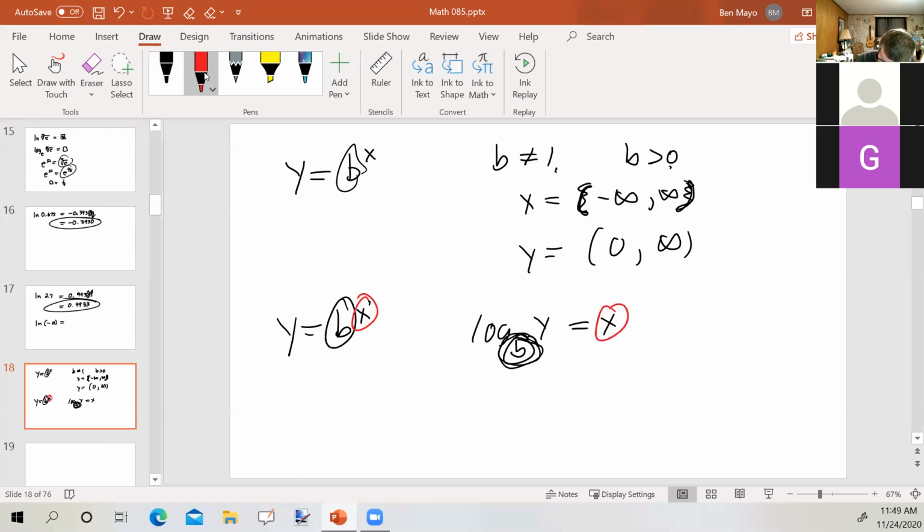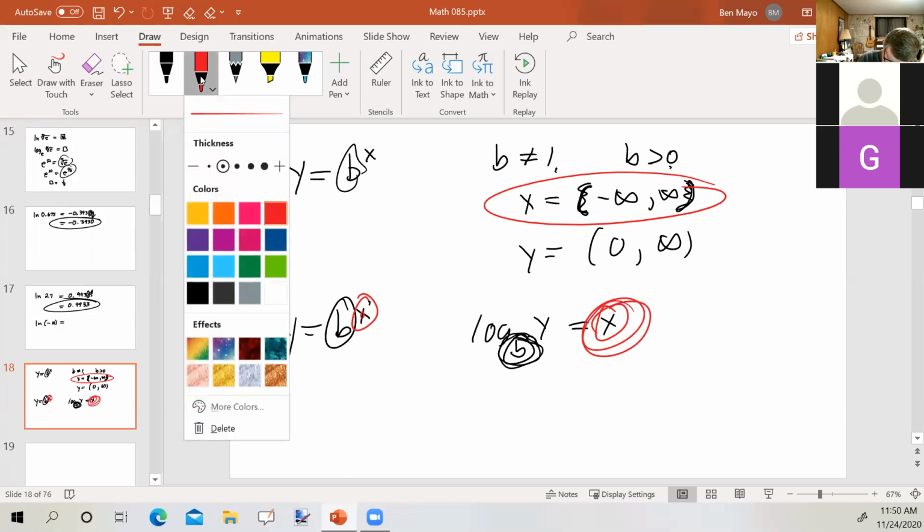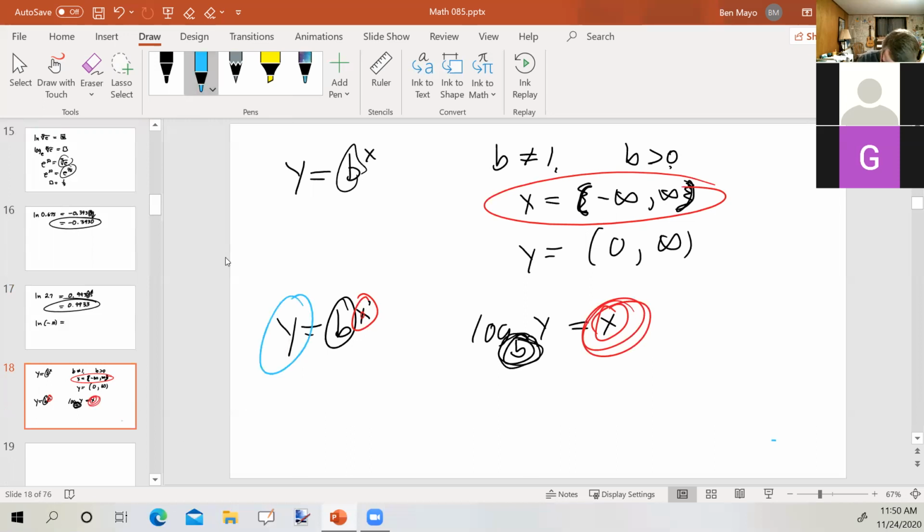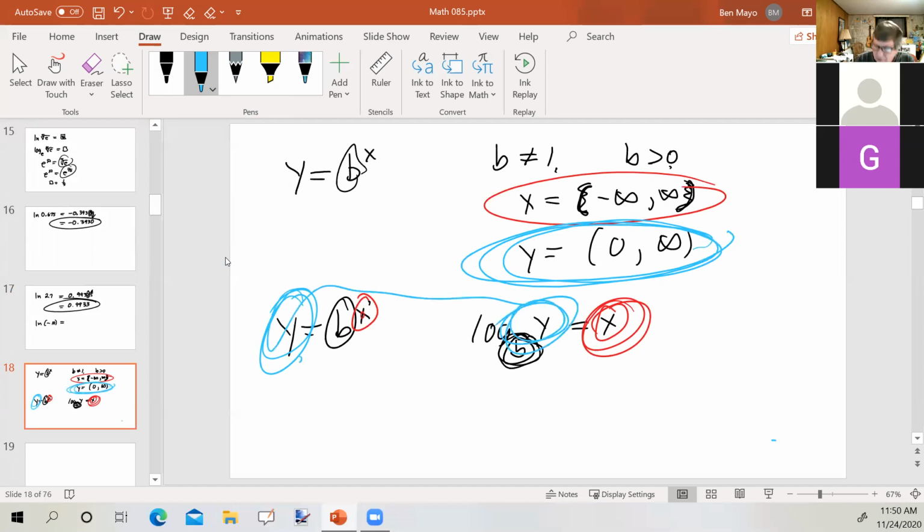Well, this x is that x. The domain here can be any real number. So your answer can be any real number. Okay, but now let's take a look at this. What do we know about this? That has to be positive, greater than 0, right? But that's right here, which means when we take the log of a number, that number has to be greater than 0.